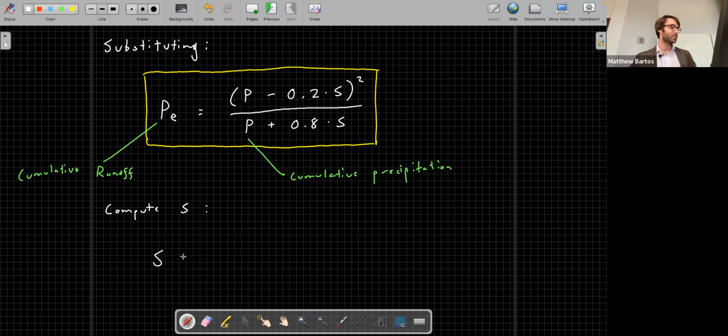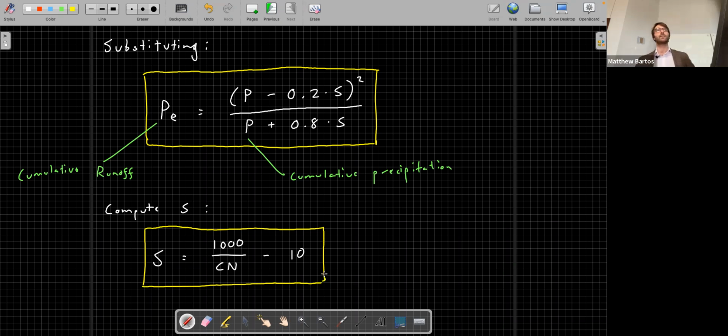S, our total maximum storage, will be equal to 1,000 divided by CN, which is our curve number, minus 10. This is an empirical equation, and the curve number depends on the land cover and the soil type for a given catchment.